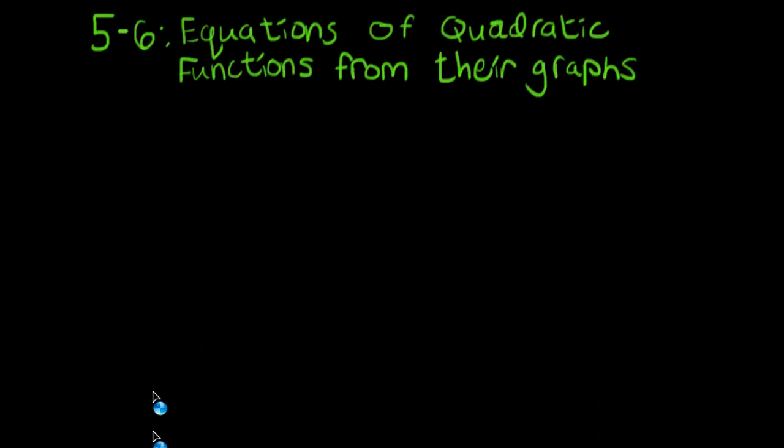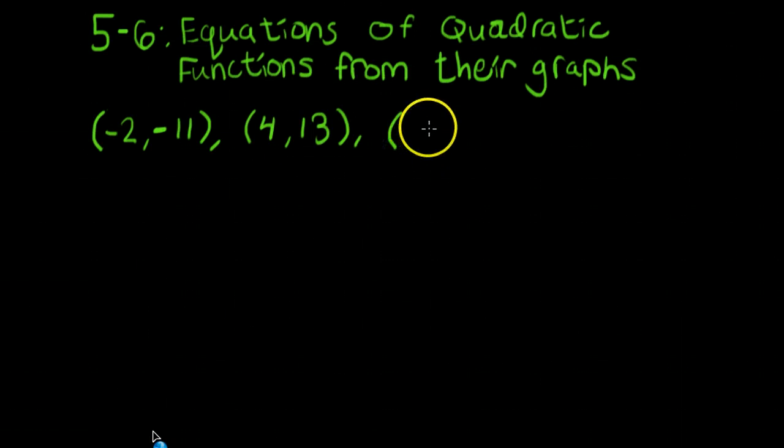So for this first example, we're going to have the ordered pairs -2, -11, and 4, 13, and finally 6, 29.